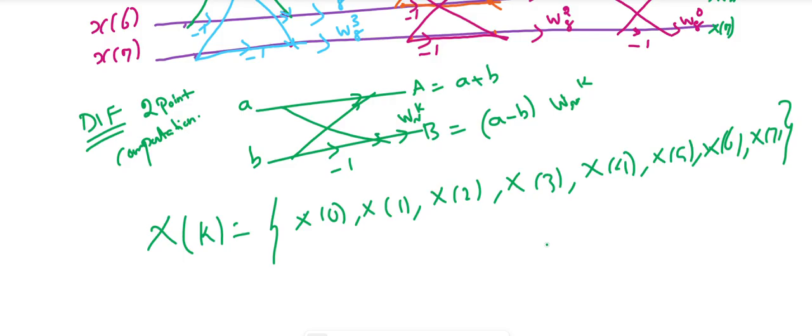So I hope you have understood the complete decimation in time and decimation in frequency structure for radix 2, N equal to 4 point and N equal to 8 point algorithm structure. For any given input sequence, you can compute the output X of k using either decimation in time or decimation in frequency algorithm.